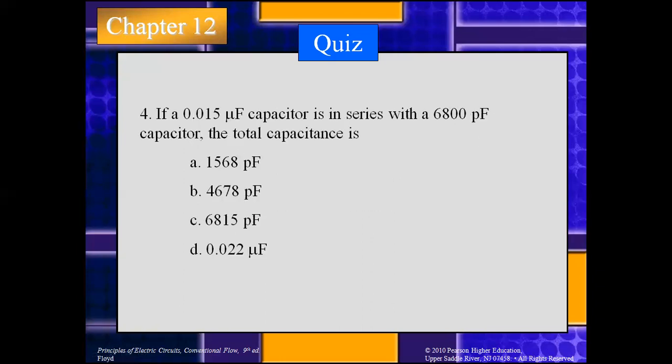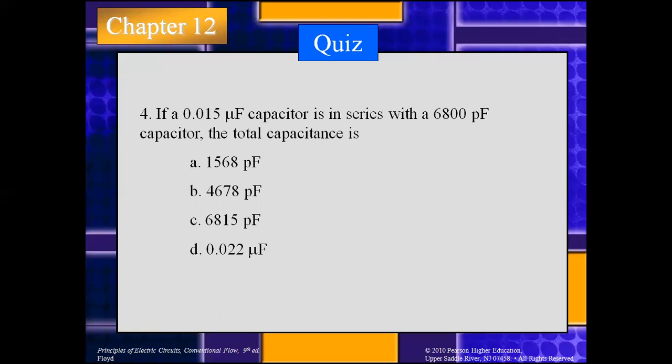Next question: if a 0.015 microfarad capacitor is in series with a 6,800 picofarad capacitor, then the total capacitance is. Now here a series connection is there, and in a series connection we know the reciprocal of the equivalent capacitance is 1 upon C equivalent is equal to 1 upon C1 plus 1 upon C2, or in product over sum form, C equivalent is equal to C1 C2 upon C1 plus C2.